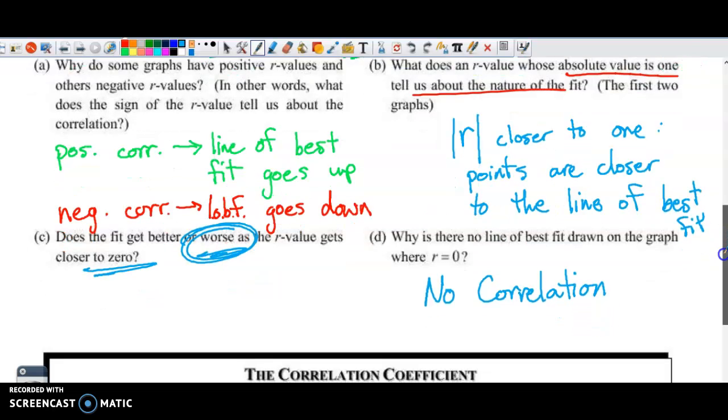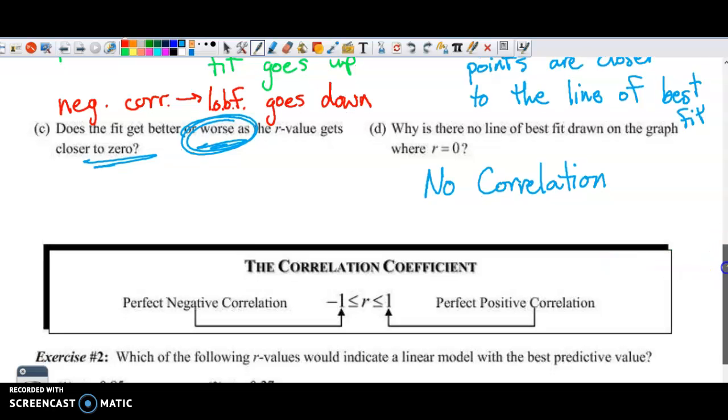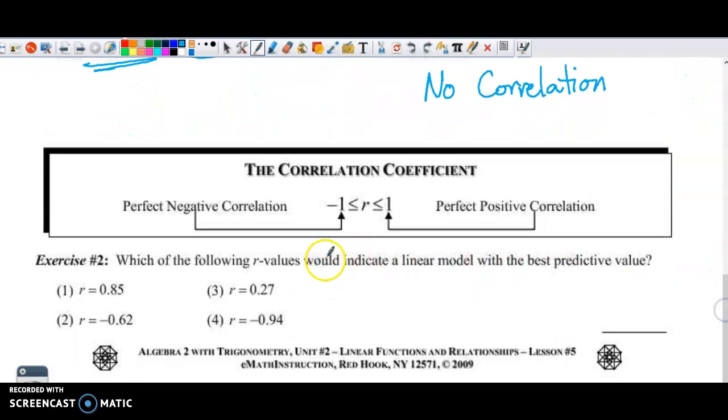As we look at the next piece, it's letting you know why R is not representative of the slope, because you could have a very steep line of best fit, but your R value is always between -1 and 1. So which of these R values would indicate a linear model with the best predictive value? Now remember, it's the absolute value of R that gets closer to 1.